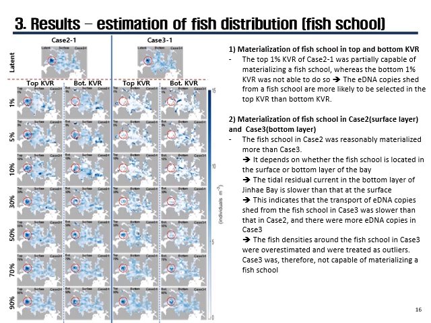This indicates that the transport of eDNA copies shed from the fish school in case 3 was slower than that in case 2, and there are more eDNA copies in case 3. The fish densities around the fish school in case 3 were overestimated and were treated as outliers and eliminated. So case 3 was not capable of materializing the fish school.